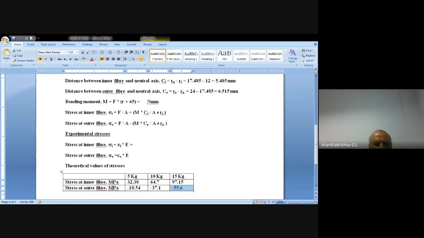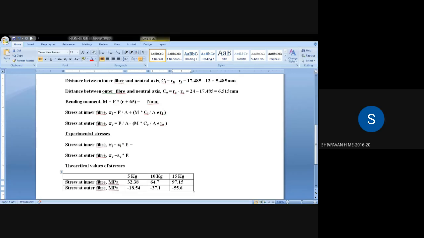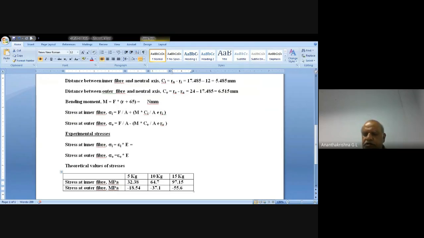Okay. Others, are you getting the value? Yes, sir. Chanakya, yes, sir. Gautam, getting the values? Yes, sir. Okay. So they are the theoretical stresses at inner and outer fibers.